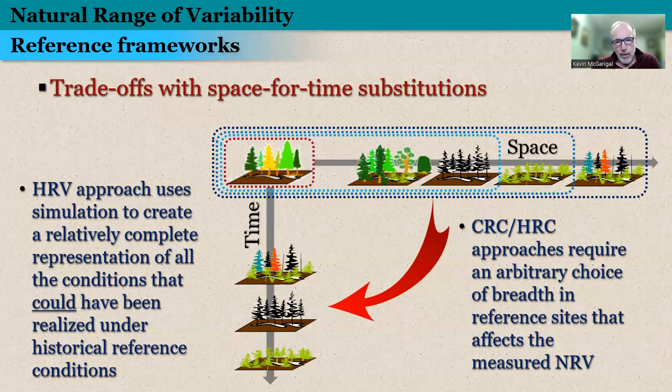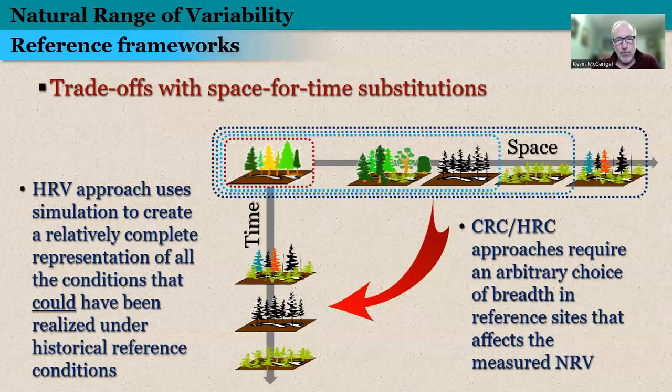The problem with the space for time approach, as depicted in this figure, is it requires a relatively arbitrary selection of how broad a space to encompass when we describe the natural range of variability. As we expand the breadth of the reference space over which we evaluate the natural range of variability, naturally the natural range of variability will increase because it is scale dependent, as discussed in previous lightning talks.